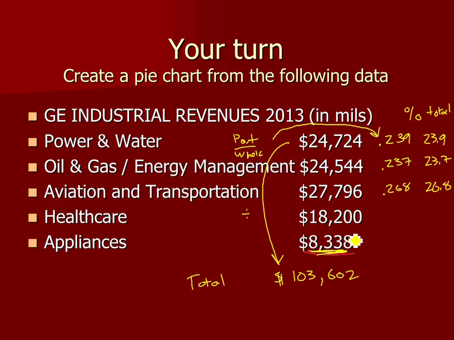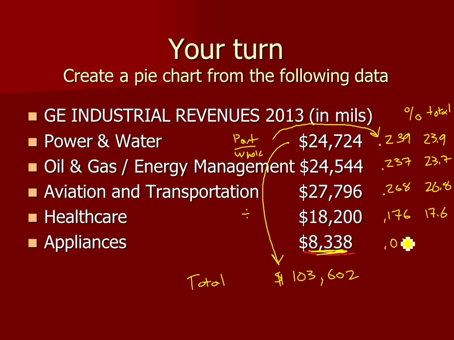Still use trains a lot in this country. What do we get for healthcare, Ms. Loeffler? 17.6. And then Mr. Morris, lonely appliances, how much is that?